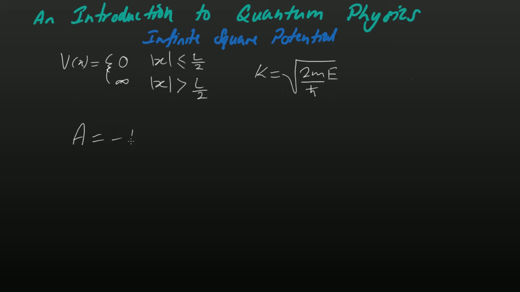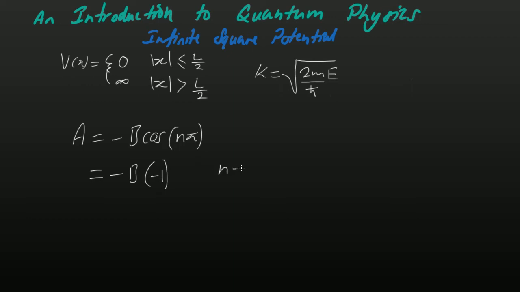So A equals minus B cosine n pi. So when n is odd, let's go down the next line, this will equal negative B times 1 or negative 1.